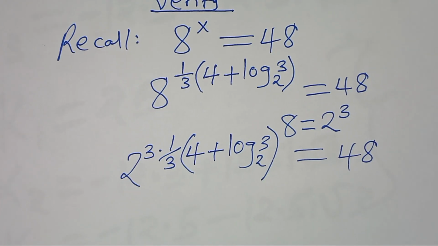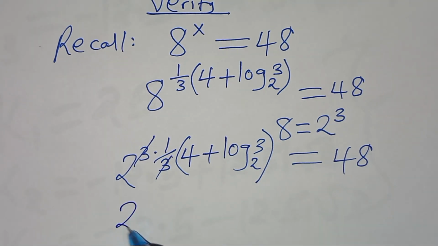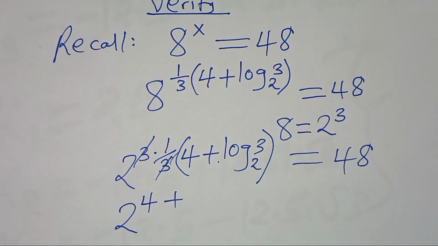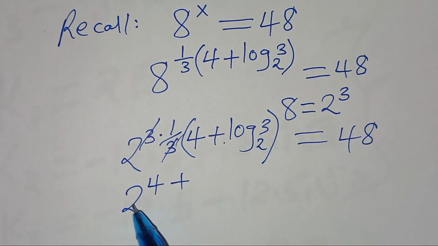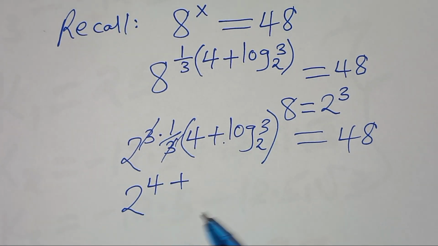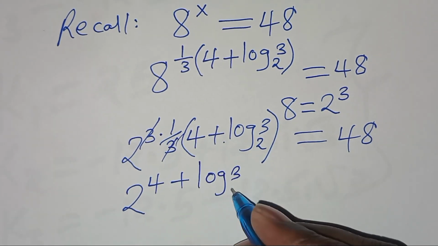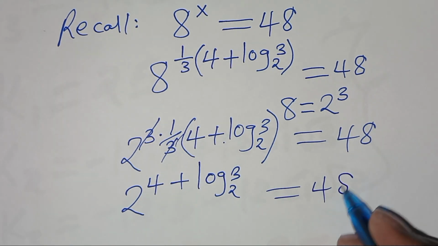Now let's simplify here. 3 and 3 simplify, so you will have 2 to the power 4 plus log 3 to base 2, which should give us a value of 48.